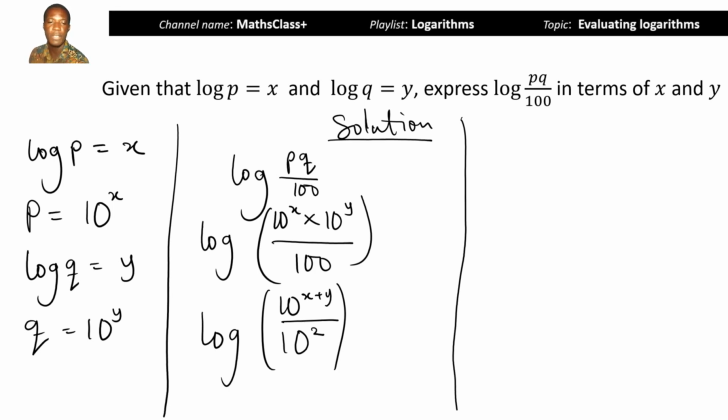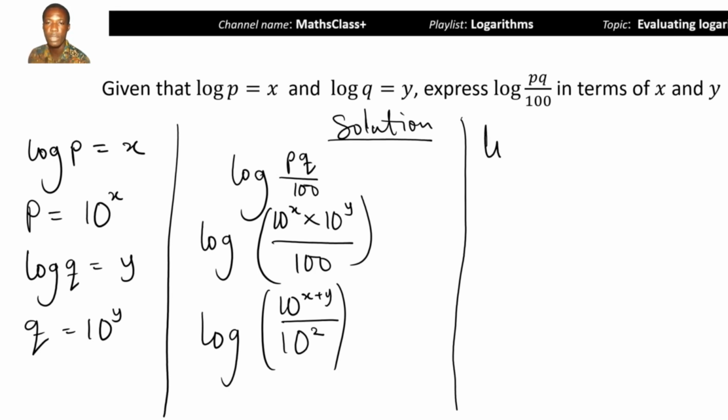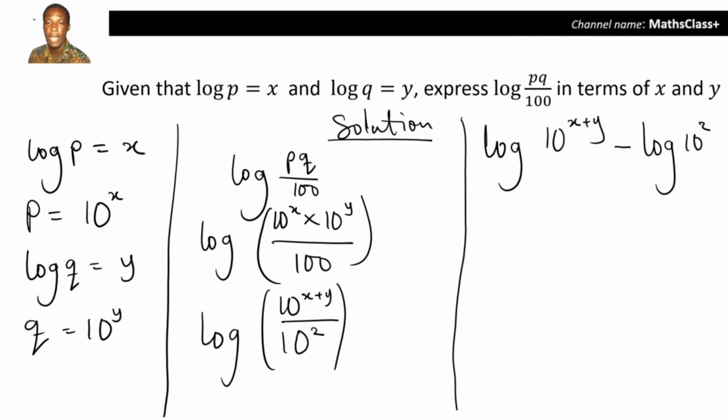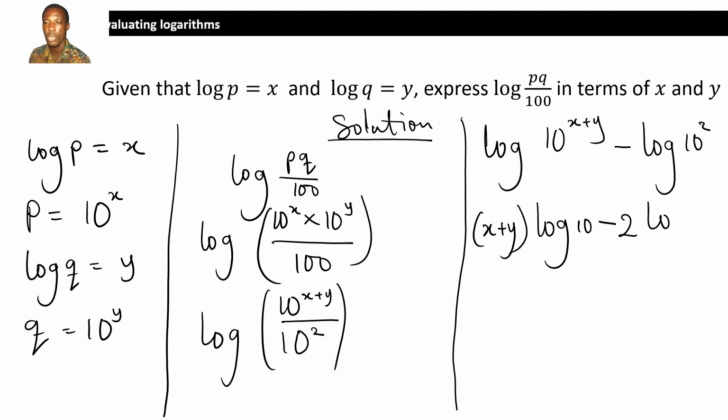So by the law of division, this becomes log 10 to the power x plus y minus log 10 to the power 2. Then the exponents will be dropped to x plus y log 10 minus 2 log 10.